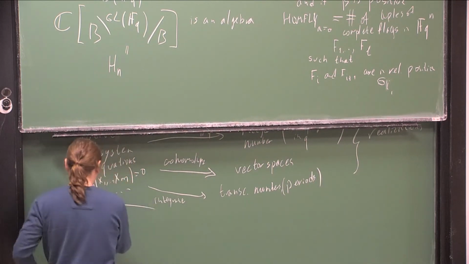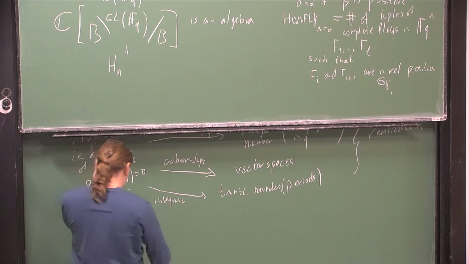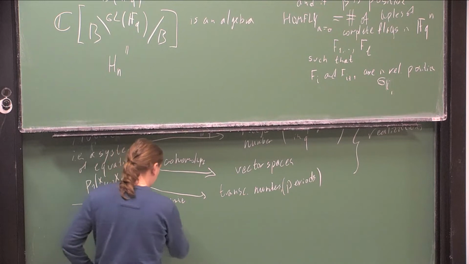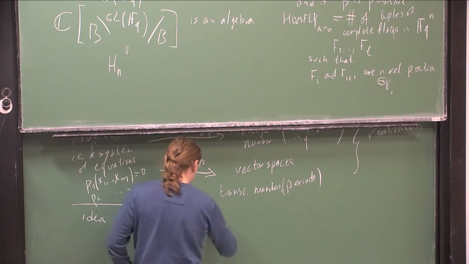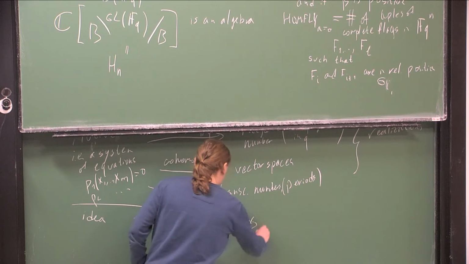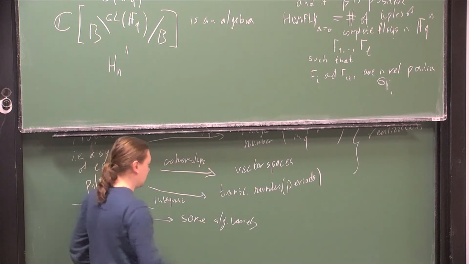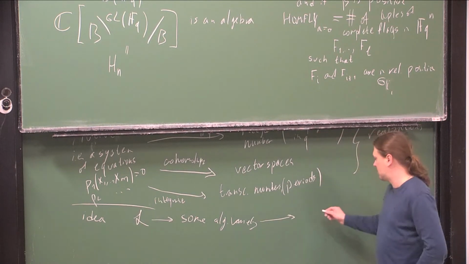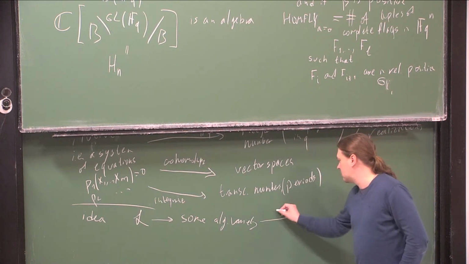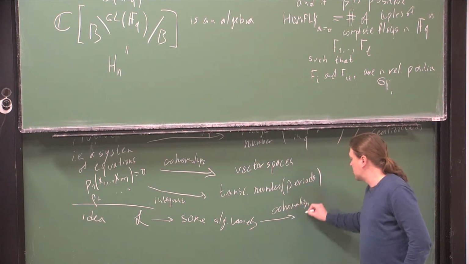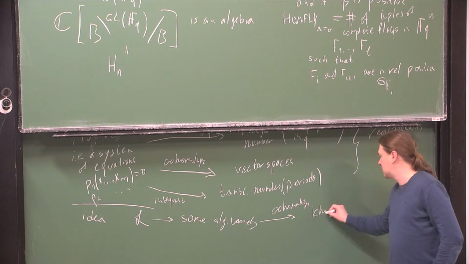So the idea is that for a link L, you should associate some algebraic variety. And then by doing things like, let's say, taking cohomology, you should get Khovanov homology.